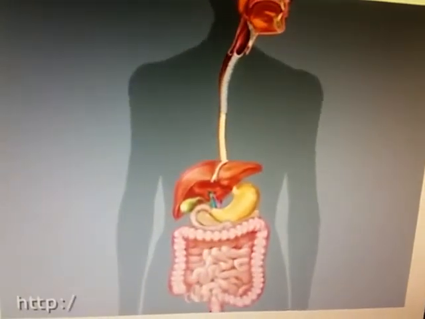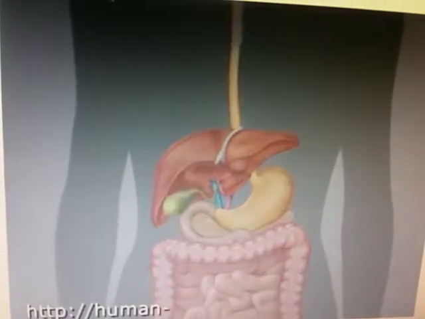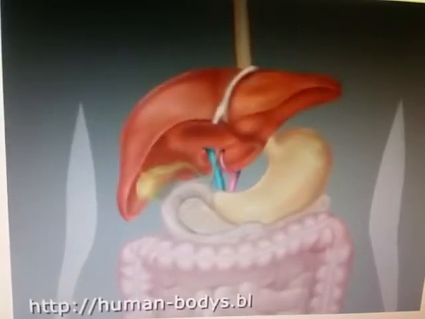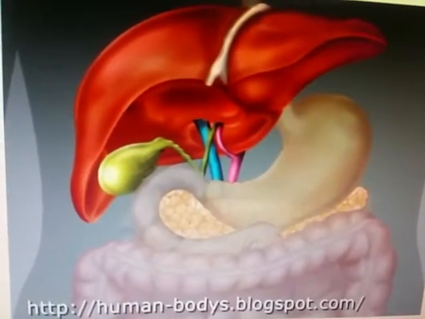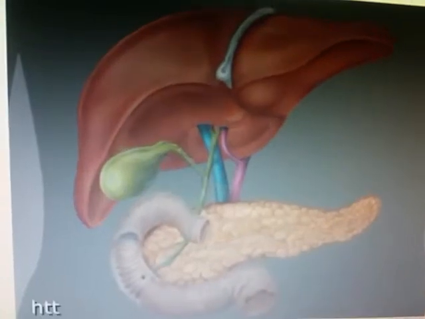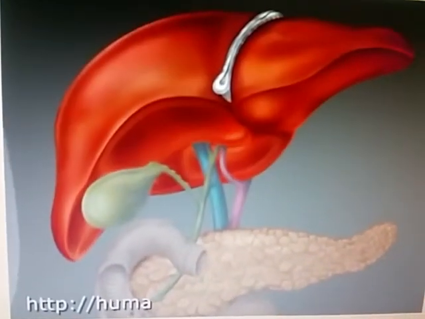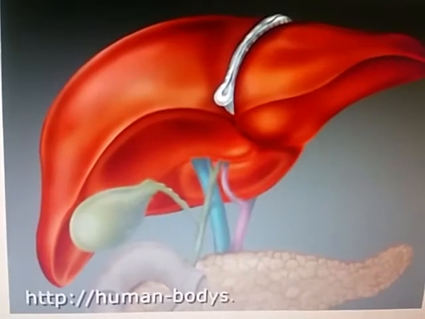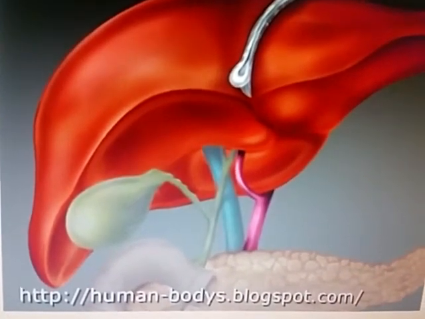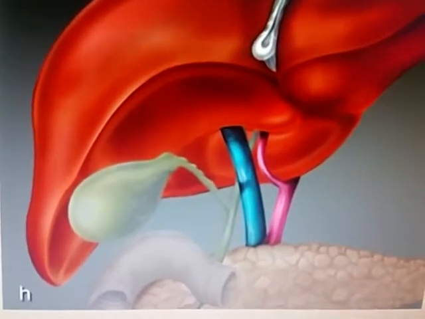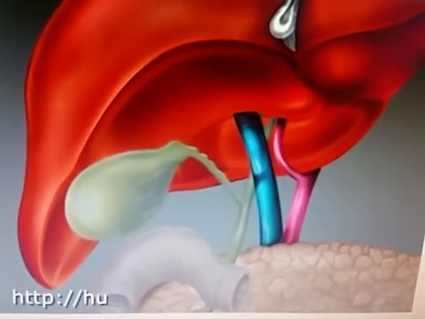The human digestive system includes several connected glands: the liver, the gallbladder, and the pancreas. Located on the right side of the abdomen, the liver is the largest gland in the human body. Large blood vessels, the hepatic artery and the portal vein, bring it the quantities of blood that give it its dark red color.